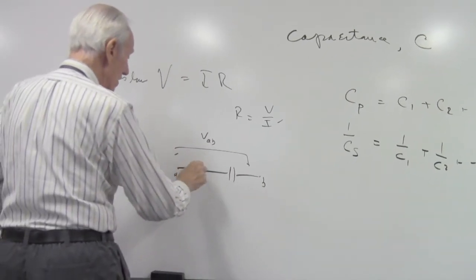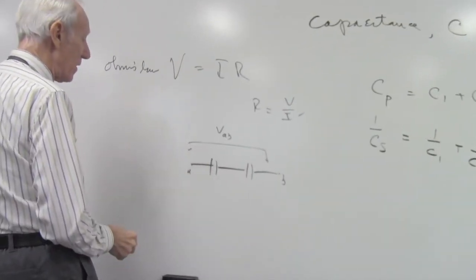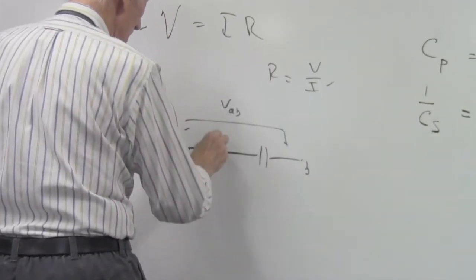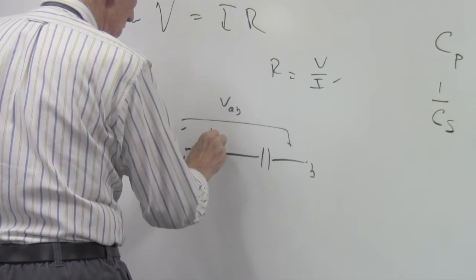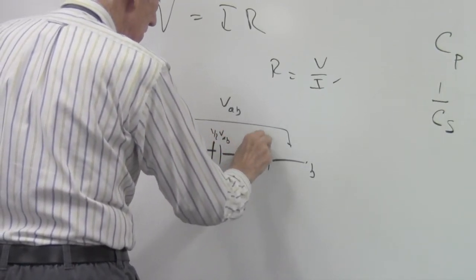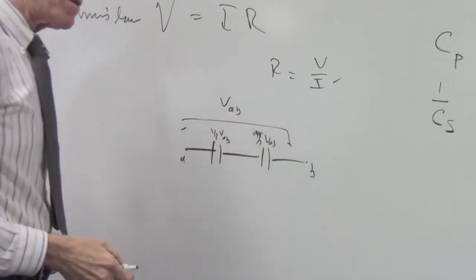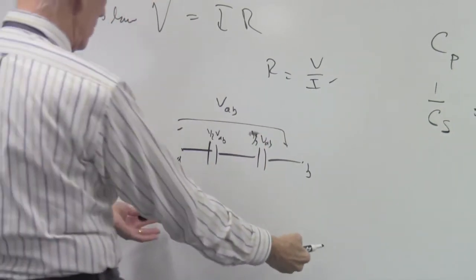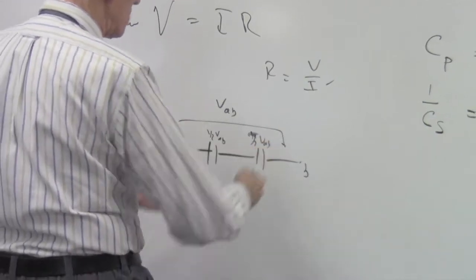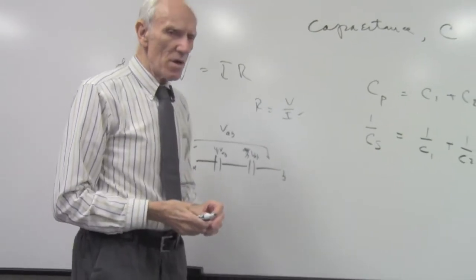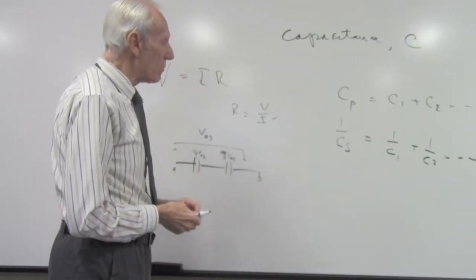Let's say these capacitors have the same size capacitance, which basically means if you use these equations to figure out, you get 1/2 VAB here and 1/2 VAB there. So they're only charged up halfway, each of them, which basically when you apply a voltage VAB and they only charge up each one by half that much, that means they look like they're smaller. You have a smaller overall capacitance.